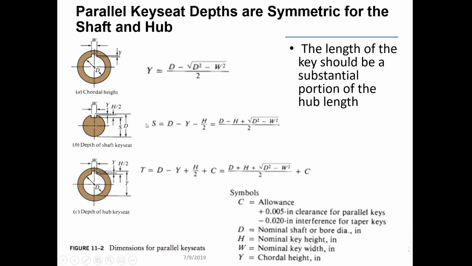Or you could have S specified, and that's the distance from the bottom of the key seat to the bottom of the shaft. Or in the depth of a hub key seat, you could have T specified, and that is the distance from the top of the hub to the bottom of this central arc here. Here on the lower right side, we define the various dimensions that are in the diagrams.